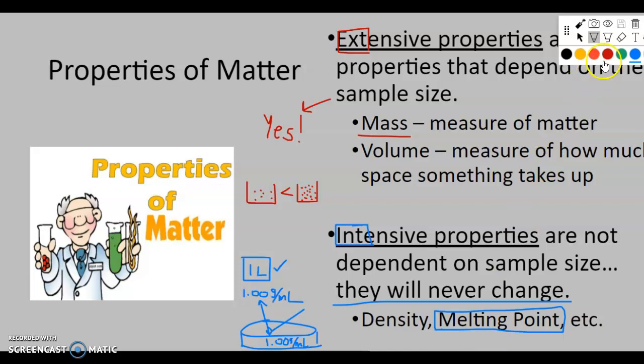So intensive properties are really helpful in the laboratory setting when we're trying to find out, are 2 substances the same? So we would call that analytical chemistry. Analytical chemistry is when you are differentiating the identity of substances, and intensive properties are going to help us do that.